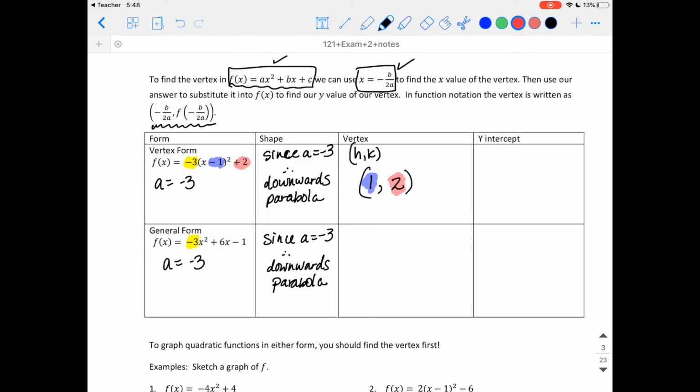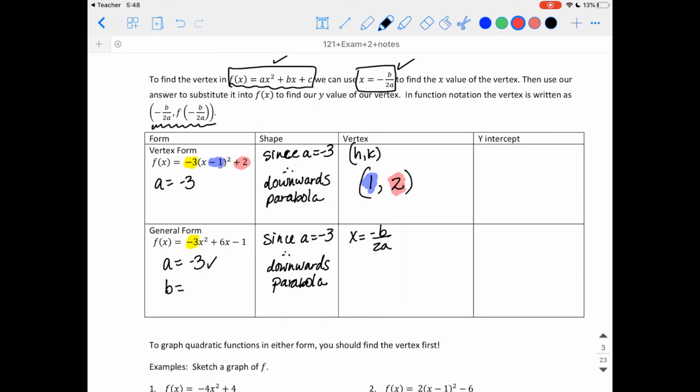If you look in the general form, there's no way we can tell what the vertex is. So pretending we're not going to graph it, we're going to use the formula. x is equal to negative b over 2a is the formula to find the x value. So we need to know that the a, again, is this negative 3. It's always the number in front of the variable squared.